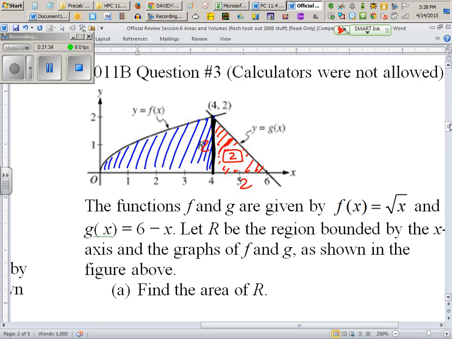Okay, let's get that blue area though. So you're integrating rad x from 0 to 4. I like to write my rad x as x to the half.